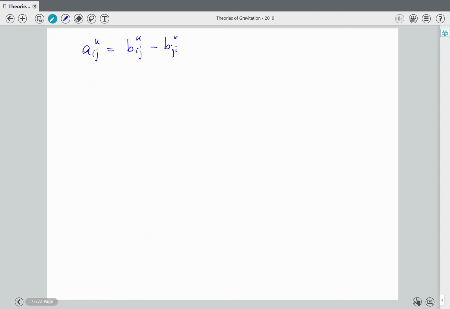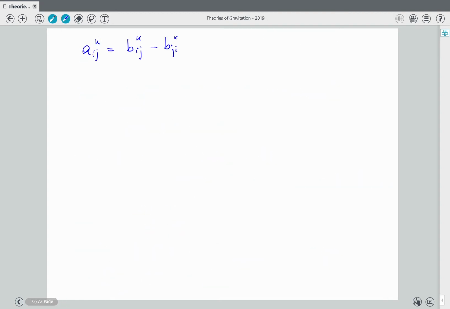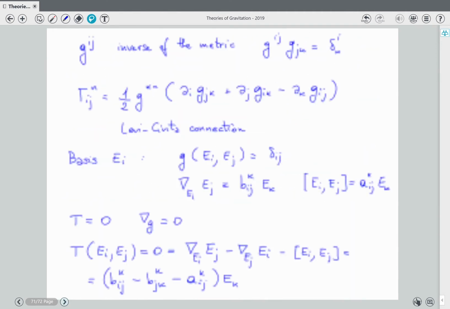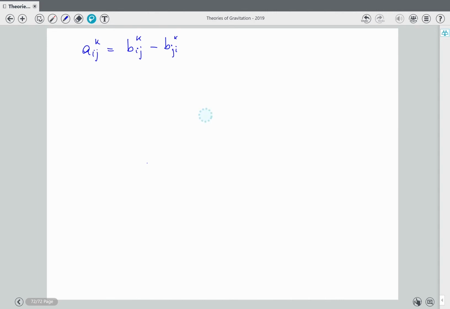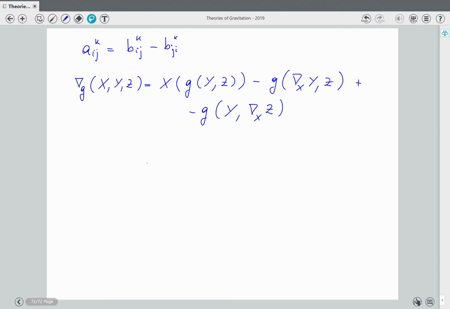Torsion equals 0 gives a relation between A and B. And now let's move to the other condition, del g equals 0. So del g is the object defined here. And we have to compute it on e_i, e_j, e_k.